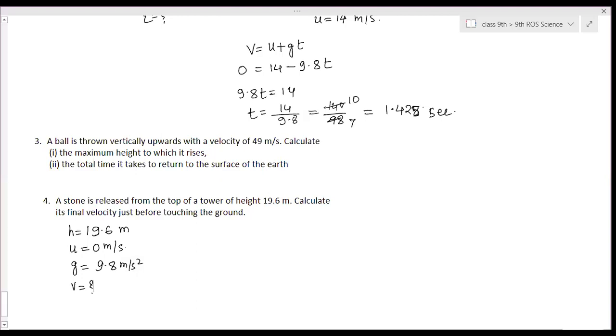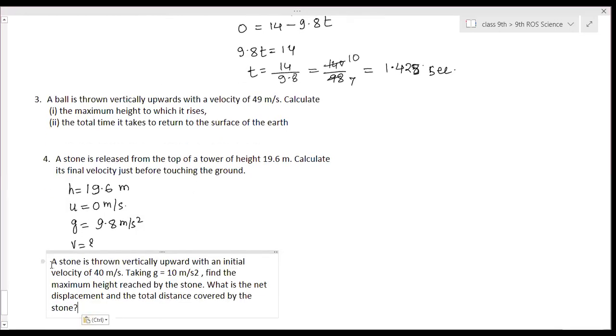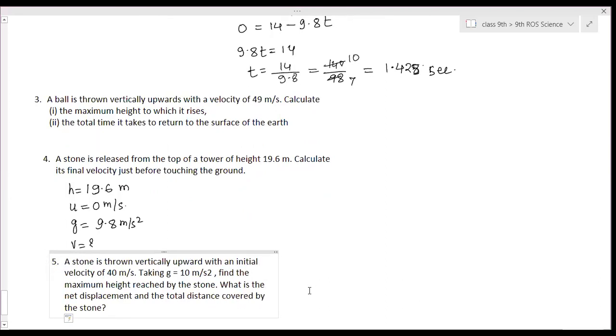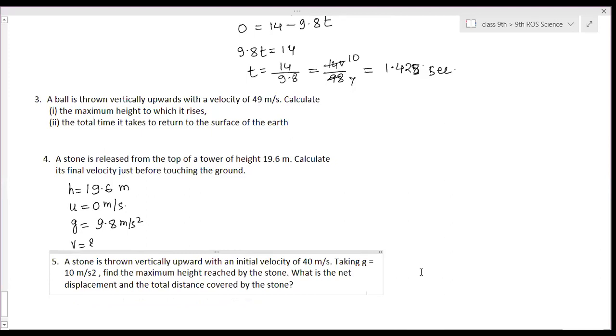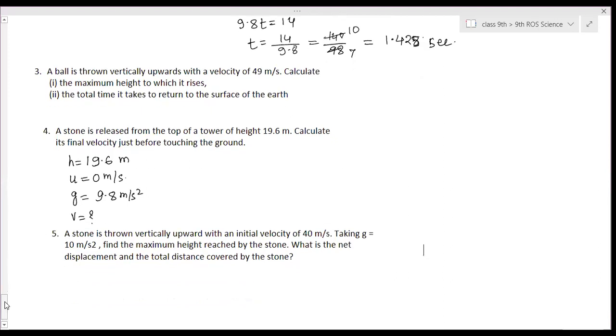Next question. A stone is thrown vertically upward with an initial velocity of 40 meters per second.